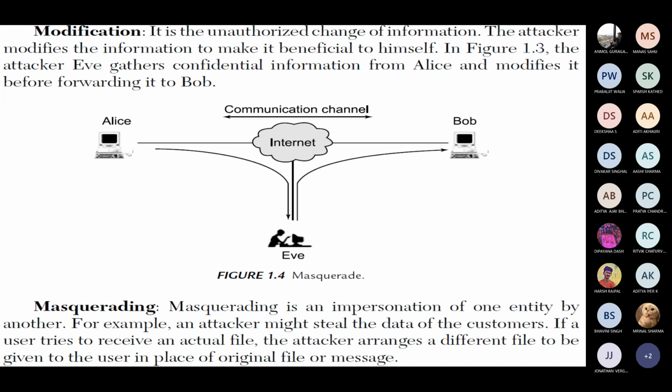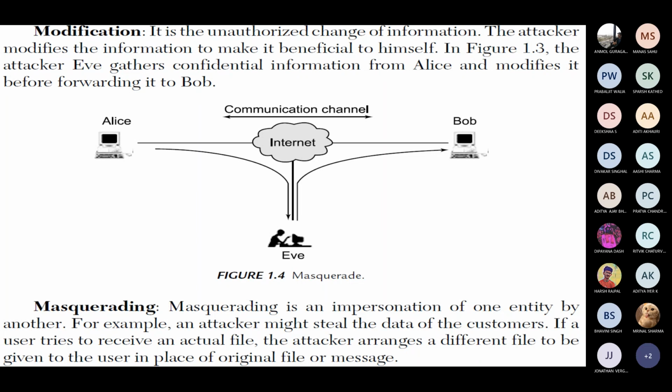And the second type of threat to integrity attack is masquerade. See here, similar to modification is masquerade. Masquerading is impersonation of an entity by another.